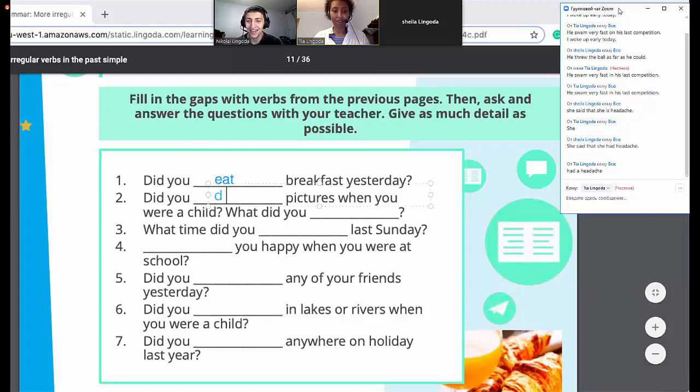D-R-A-W. Just pretend it's there. Okay, what did you draw? Good. So now, oh, hateful. It works and then it doesn't want to work. It was working today and now it doesn't want to work.